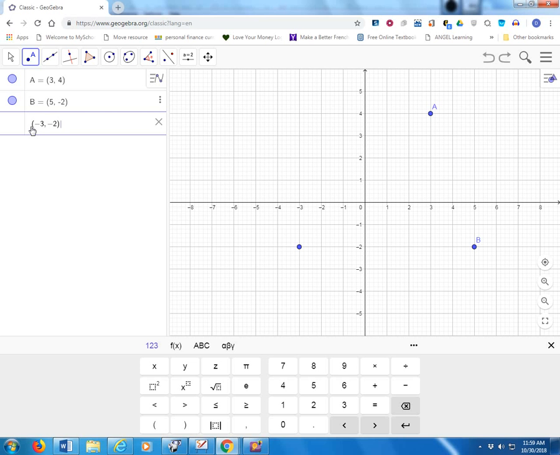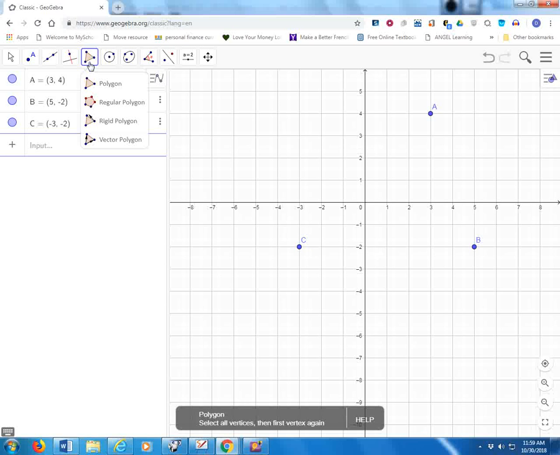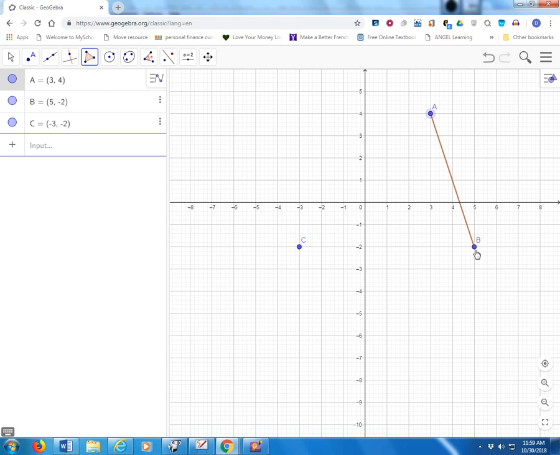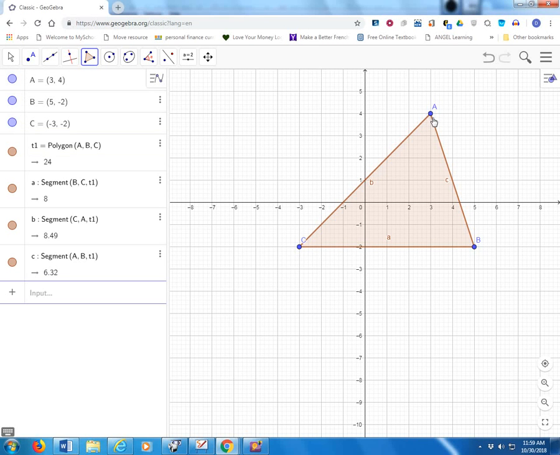I want to go ahead and make a triangle. So I'm going to click on the triangle button at the top. And then I'm going to click on where it says polygon. Just click on polygon. And now all I have to do is just touch my 3 points, and then go back to my starting point, and it'll draw my triangle. So I clicked this triangle button.